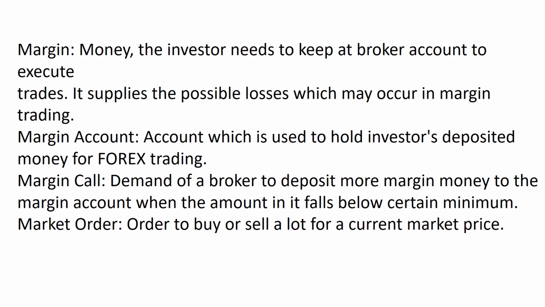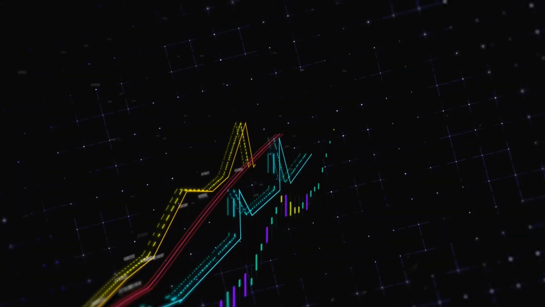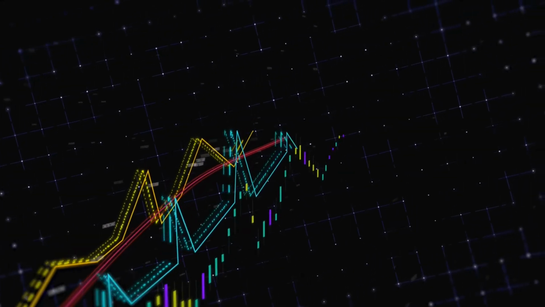The broker will be asking you, hey, to maintain this position, you need to fund your account with more money so that you can continue trading. If not, you're going to be logged out till you refund again. Market order, to buy or sell a lot at the current market price.